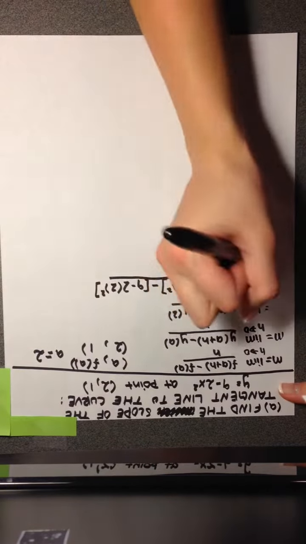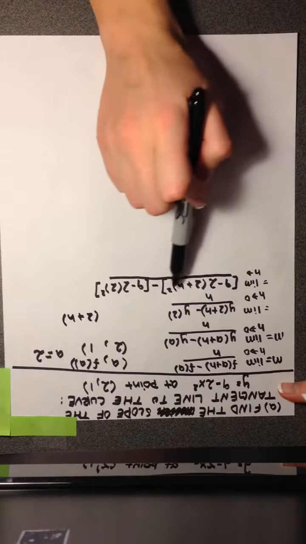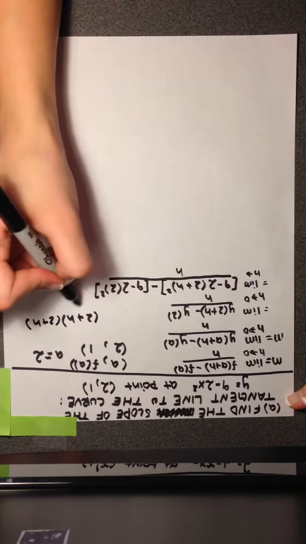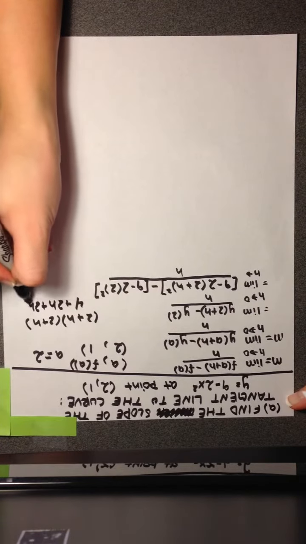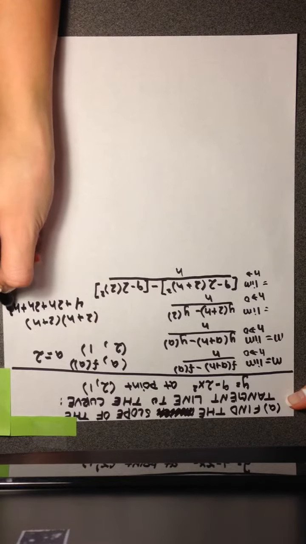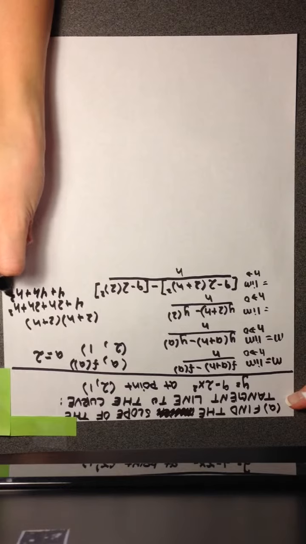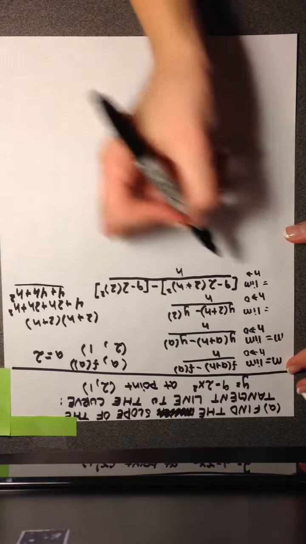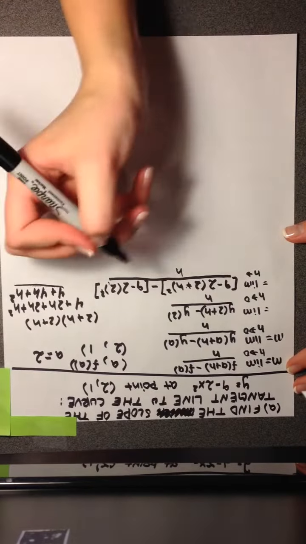The next thing we're going to do, let's come over here and FOIL this 2 plus h squared really fast. That gives us 4 plus 2h plus 2h plus h squared, so that's 4 plus 4h plus h squared. We put this in for the next step, and we also square this 2.